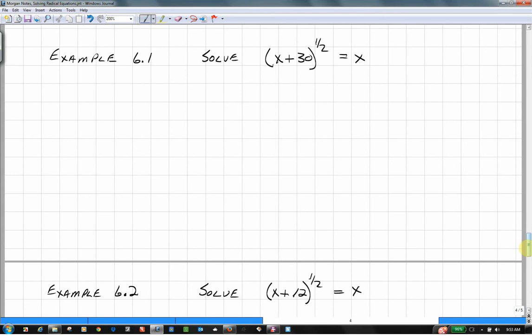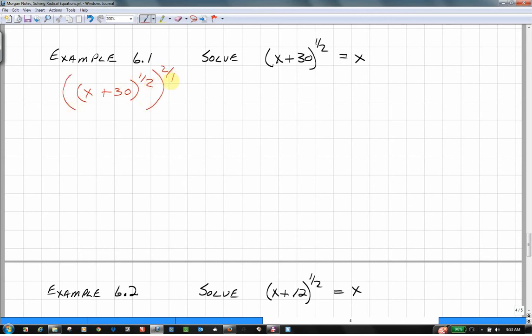Since this is to the 1/2 power, I'm going to have to square both sides. The reciprocal of the 1/2 would be 2 over 1. So I'm going to say x plus 30 to the 1/2 power, and then take that to the 2 over 1 power.